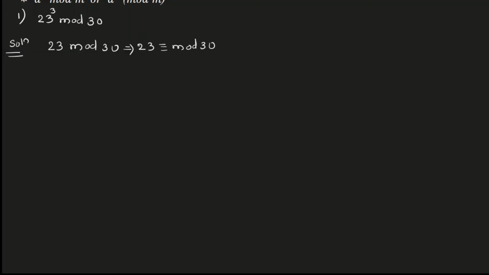Since 23 is less than 30, all of you know, whenever the number is less than the mod m value, the remainder is itself. You can get a remainder as either 23, or else what is one more possibility? The remainder is either 23, or else you can make it exactly 30.